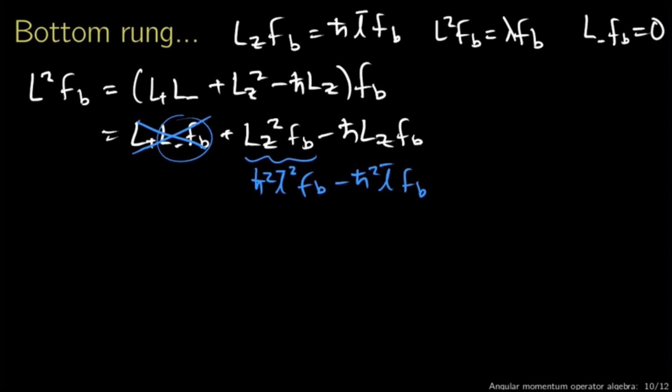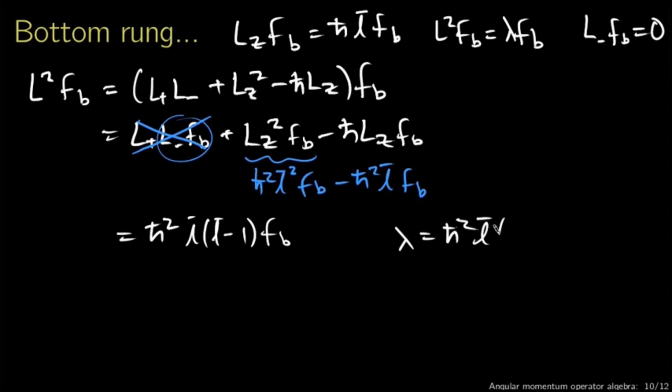So when I simplify this down, I get a very similar looking expression. I get h bar squared times l bar, l bar minus 1 in this case, f_b. This tells me that lambda, the eigenvalue in this case, is h bar squared l bar times l bar minus 1. So that's actually all we need.